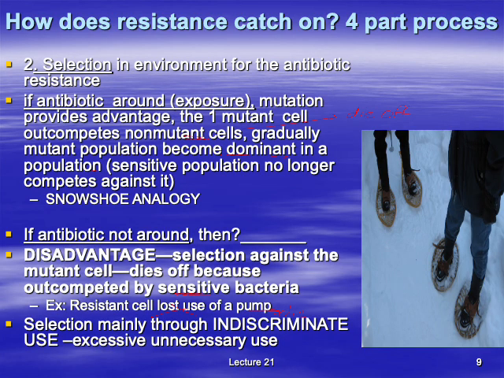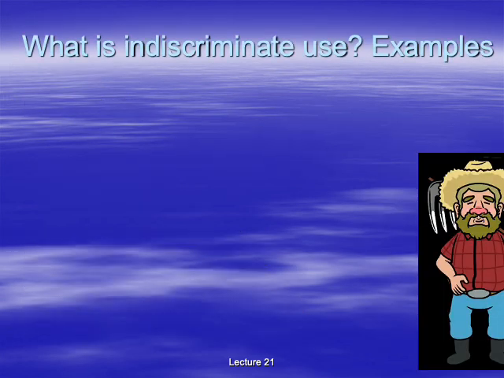People are using the antibiotic excessively for unnecessary reasons. So because of that, there's a lot of antibiotic around, and therefore that acts as a selective force for the resistant bacteria, and that will make them become dominant because it'll kill off the sensitive strains, but these ones will now overgrow.